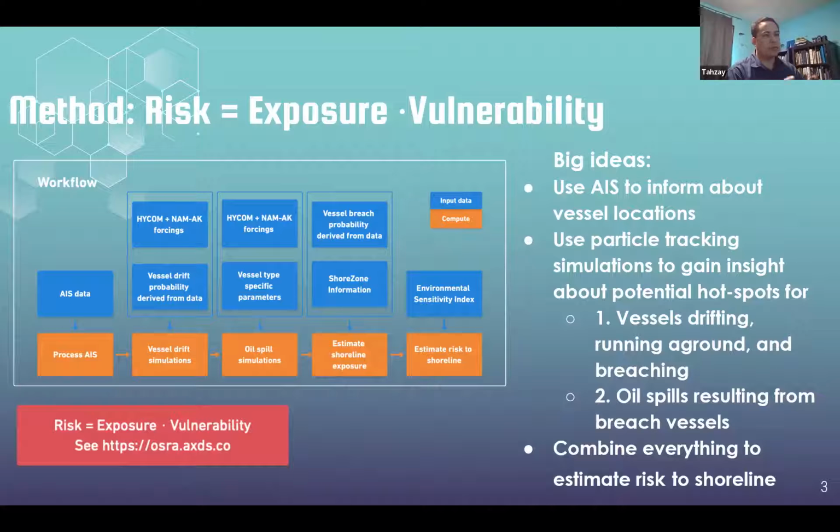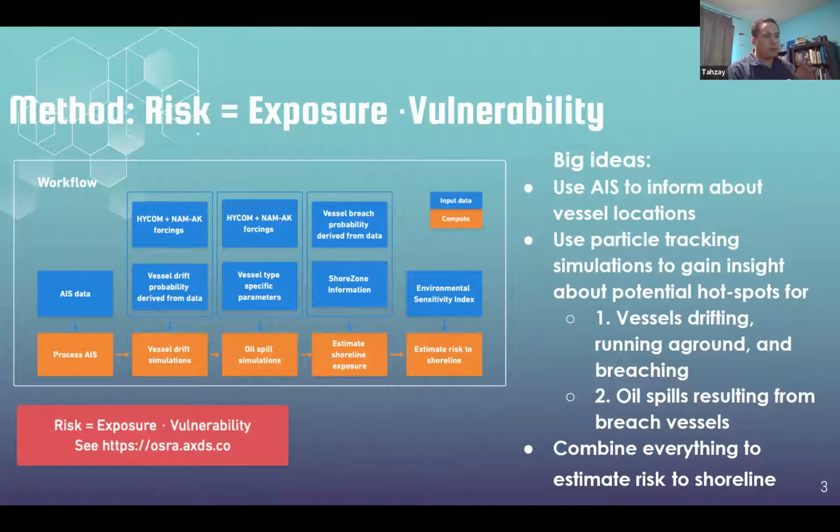And so if we start kind of on the left and move towards the right in the workflow, we have this AIS data, and really there was a whole component of processing the AIS data just to make sure that we had the vessels and knew where the vessels would be. And then once we knew where vessels were through time, we had to understand where were they going to go. And so that then became a component of the vessel drift simulations.